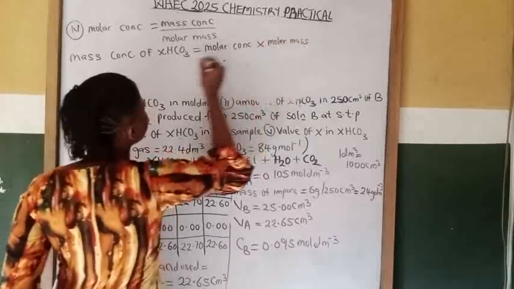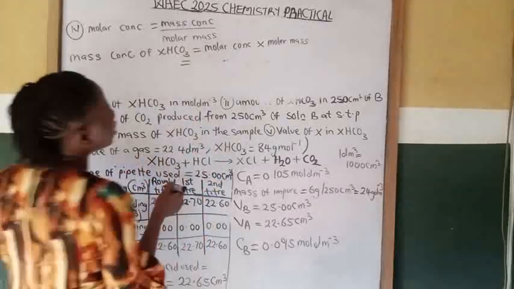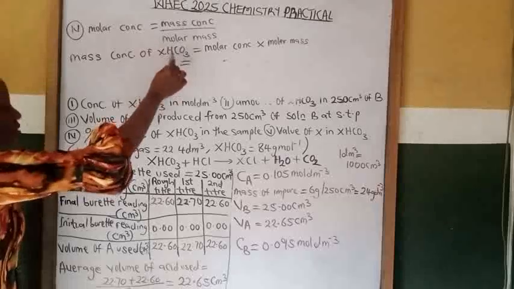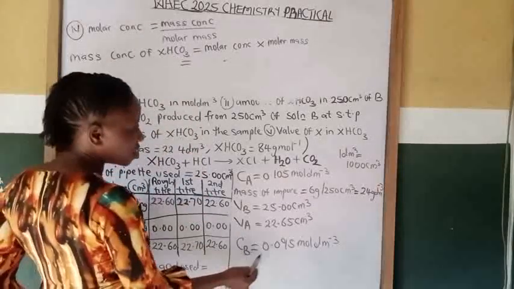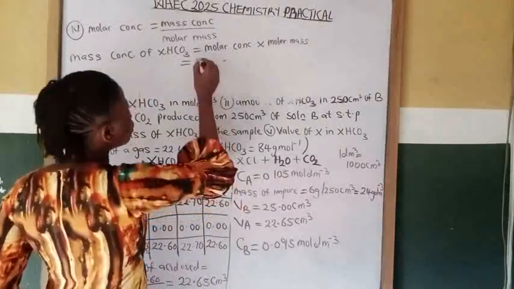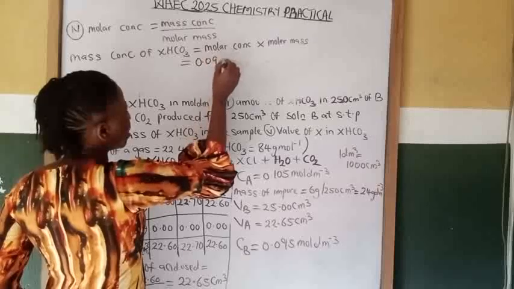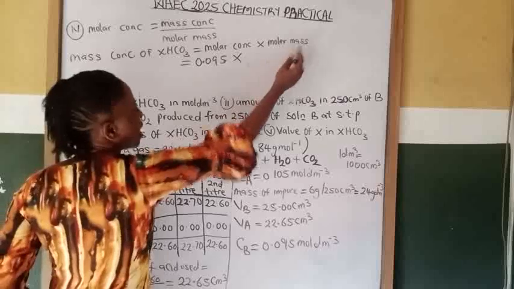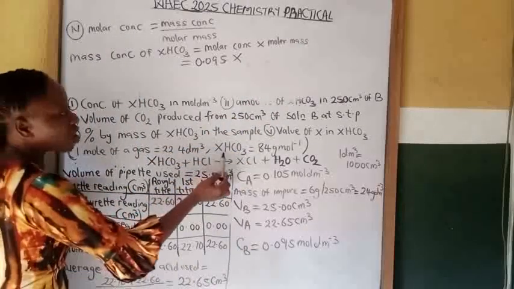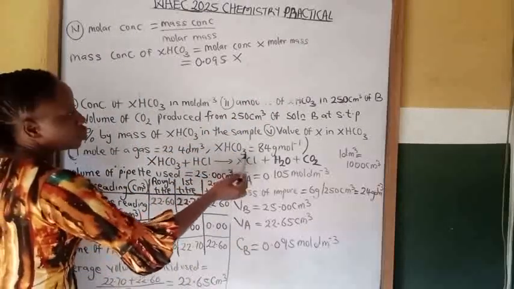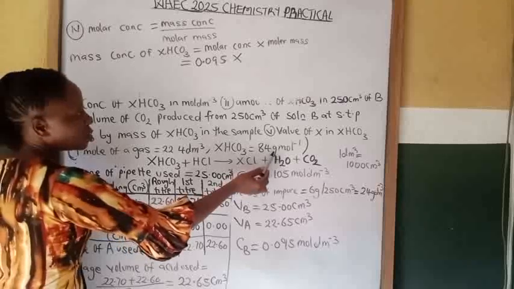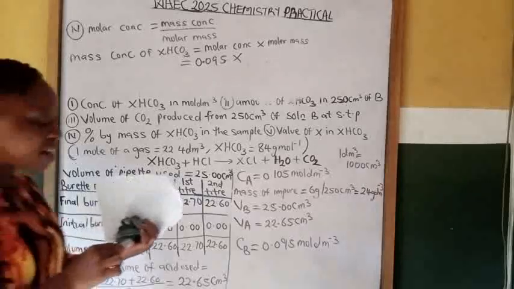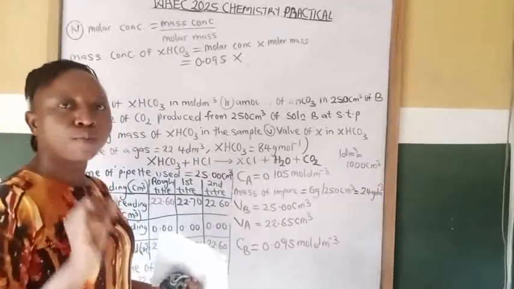Then what is the molar concentration of XHCO3? That is our base. The molar concentration of base is 0.095. So that will be 0.095 times the molar mass. They've given us the molar mass of XHCO3, which is 84 gram per mole. Don't forget that our molar mass is always in gram per mole.